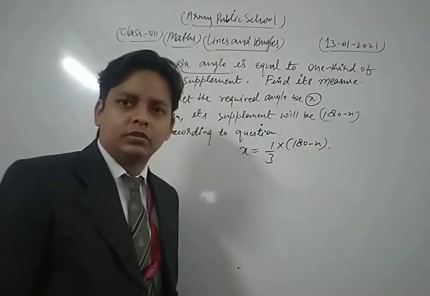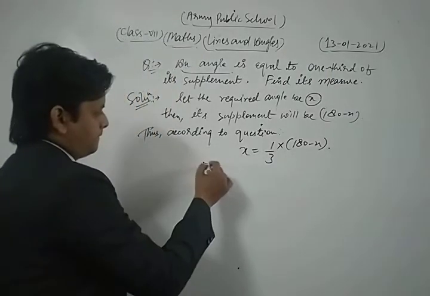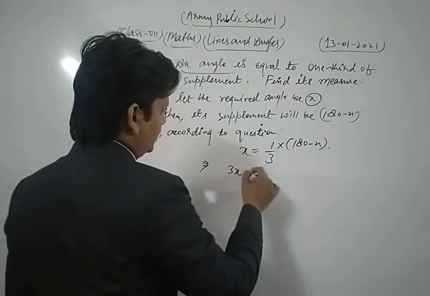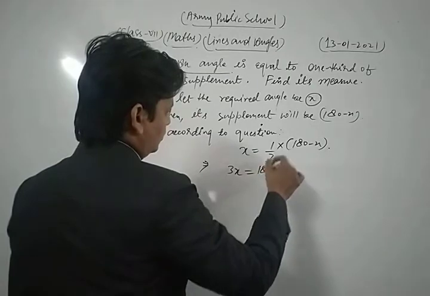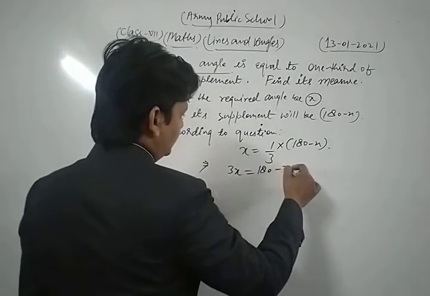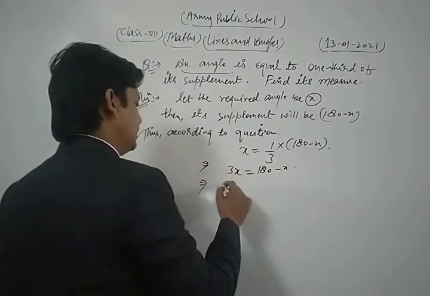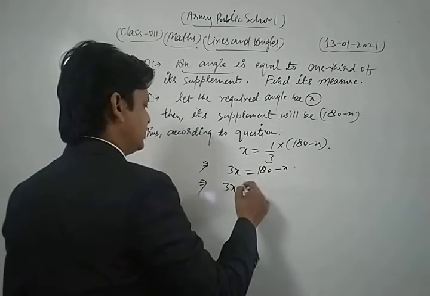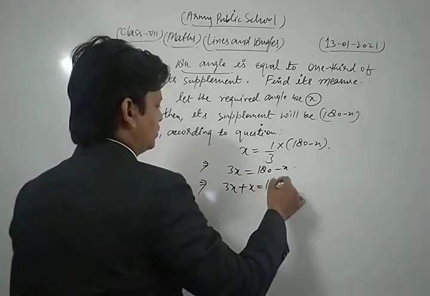This is the condition for this question. So 3x is equal to 180 minus x. So that is 3x plus x is equal to 180.